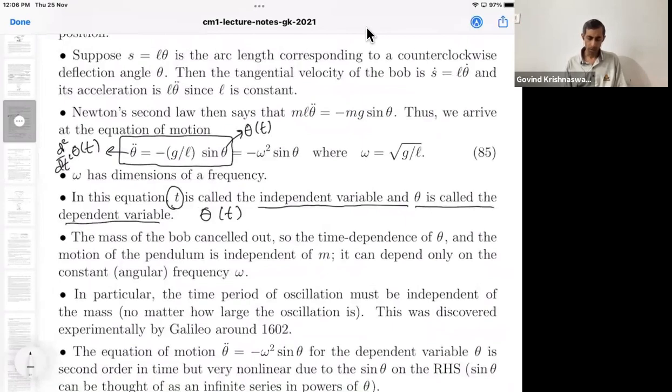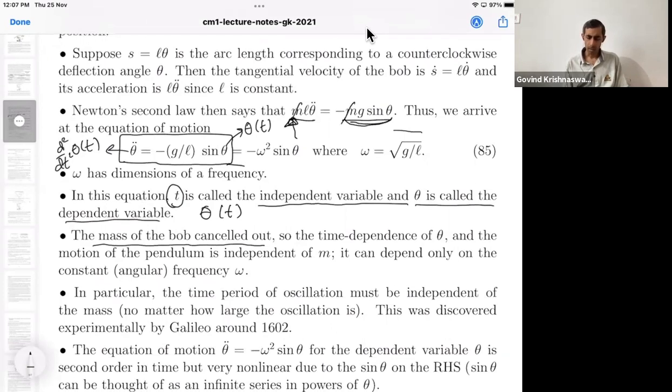Now, the important observation here is that among the parameters of the problem, the mass of the bob m cancelled out in writing the Newton equation. That basically made use of the assumption that the inertial mass that appears in the acceleration is equal to the gravitational mass that arises through the interaction of the bob with the gravitational force of the earth, and cancelling that m, we arrived at this equation.